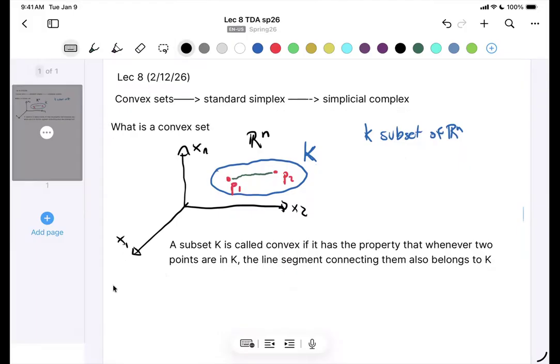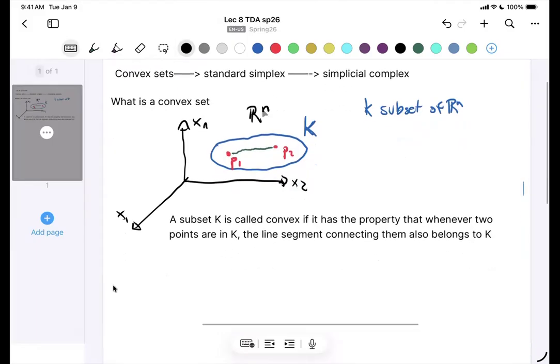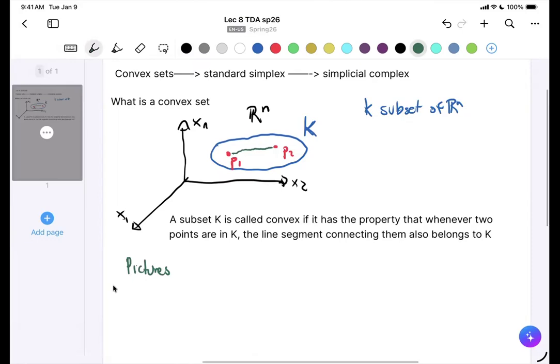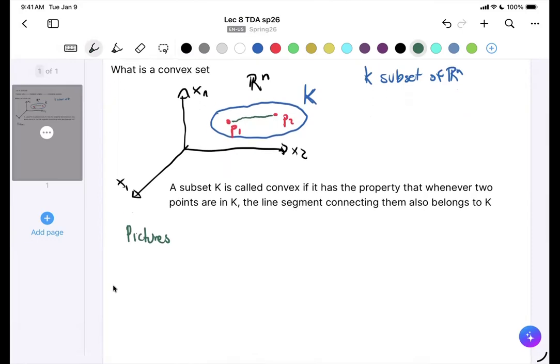Okay. And so, standard examples of a convex set, I'll just draw some on R2 because it's easier to draw the pictures. So let me show you some pictures if you haven't seen this before. For example, a disk is convex.